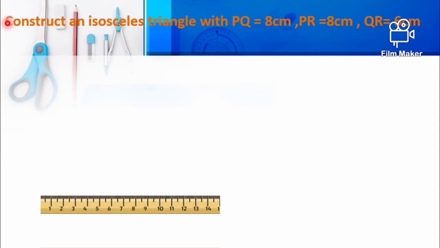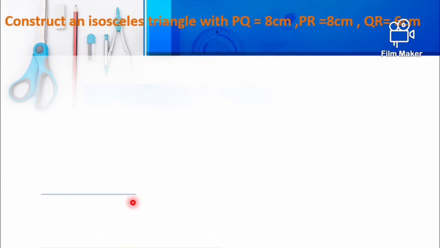First of all, we will draw a line segment PQ of 8 centimeter. Now you can see this is a line PQ of 8 centimeter with the help of ruler. The name of the line is PQ of 8 centimeter.